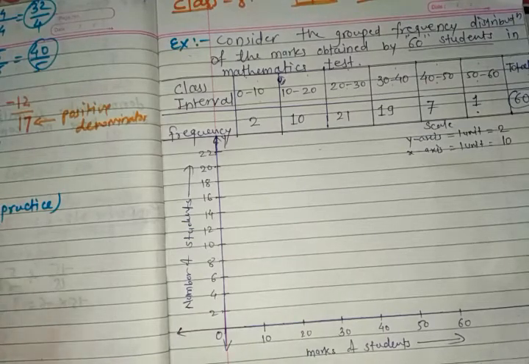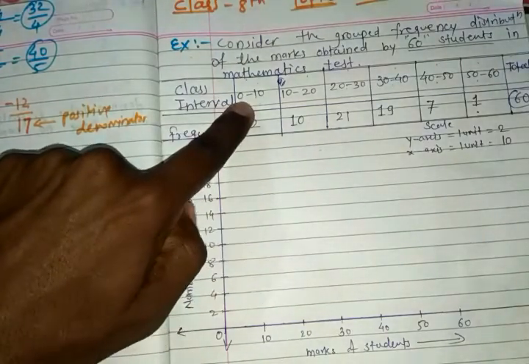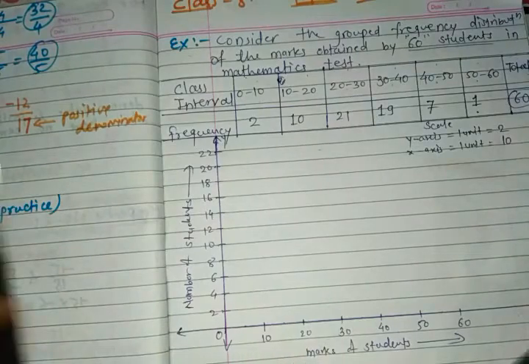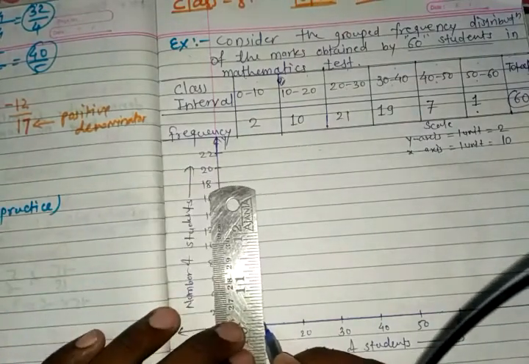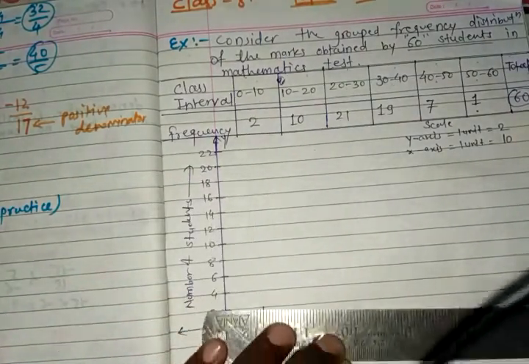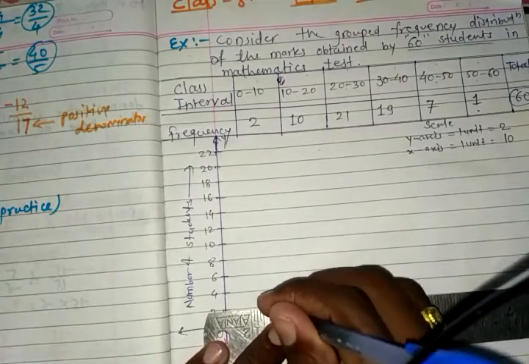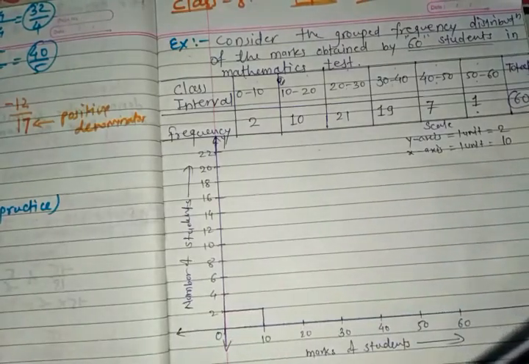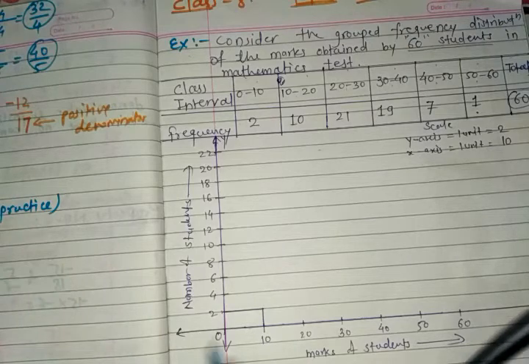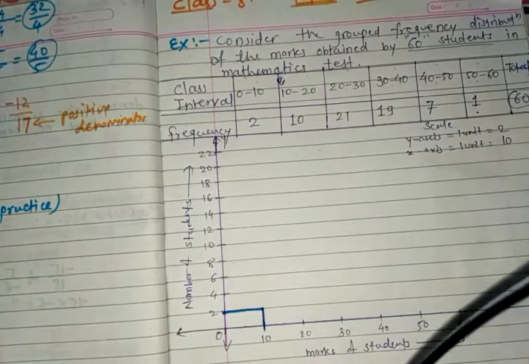In this, we have to see the class interval first, 0 to 10. So in 0 to 10, what is the frequency? The frequency is 2. So I will draw 0 to 10 with 2, right? After that, I will use a color pen.